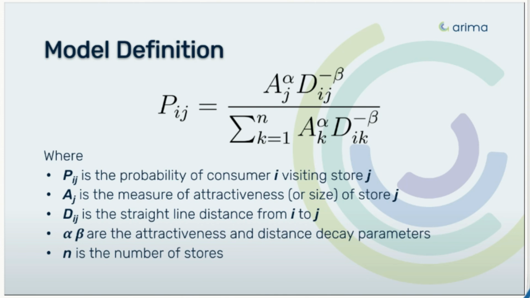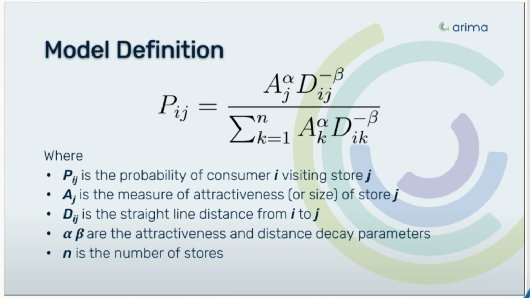And then the other parameter that it depends on is D, which is the straight line distance from where the customer lives to where the store is. So the further away you are, the less likely you're going to go there. And lastly, you've got these parameters alpha and beta, which are the attractiveness and distance decay parameters.